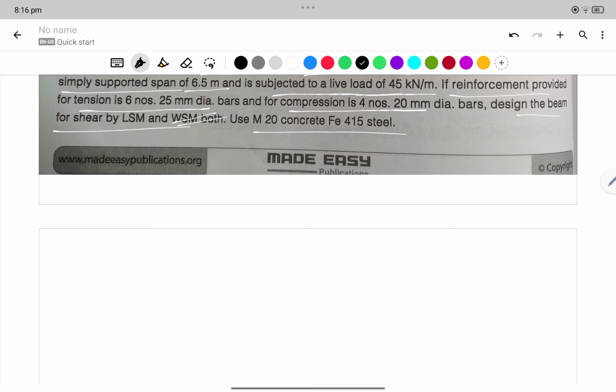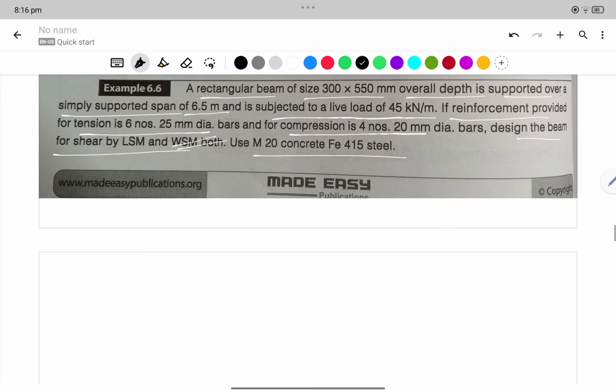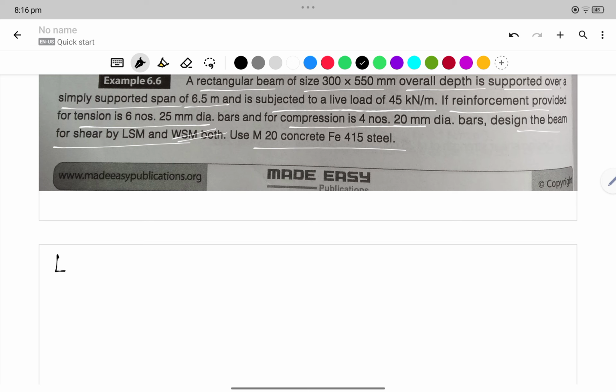So first we have to calculate the load. Here the live load is given, so the live load is 45 kilonewton per meter. Then we have to calculate the self weight of the beam.